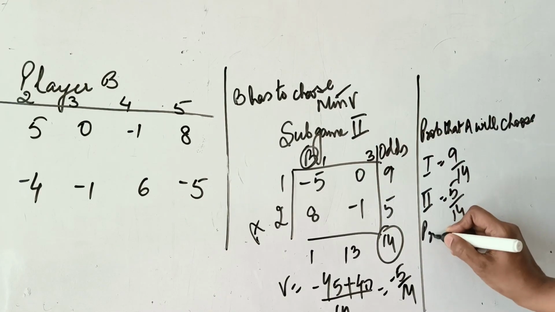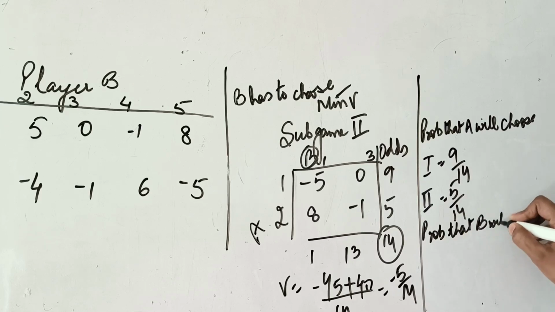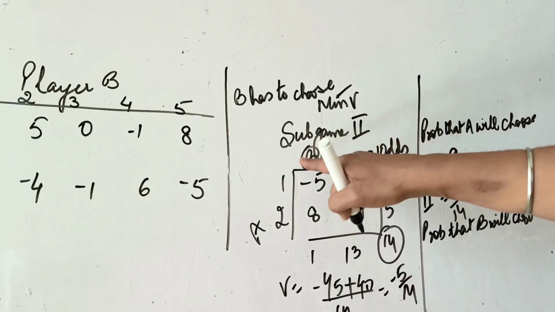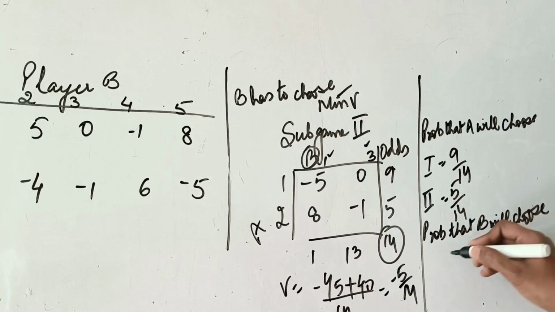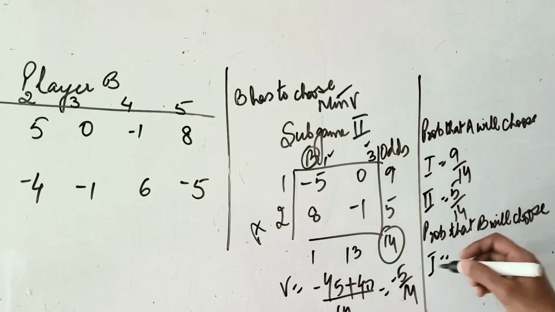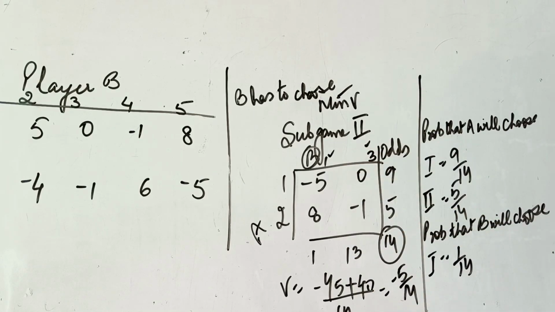So for player B, the probability that B will choose. B is going to choose which strategy, first and third. From the final subgame you will see. So the probability that B will choose the first strategy is 1 by 14. B will choose the second strategy: nil.